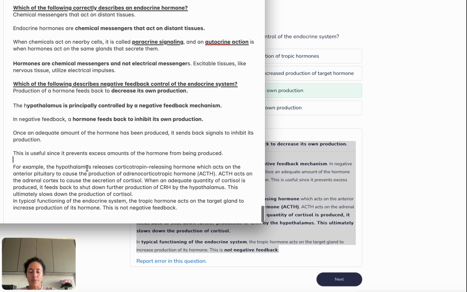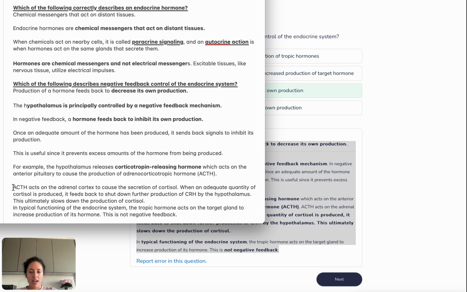For example, the hypothalamus releases corticotropin releasing hormone, which acts on the anterior pituitary to cause the production of ACTH.